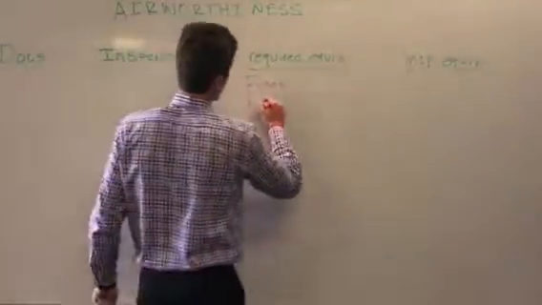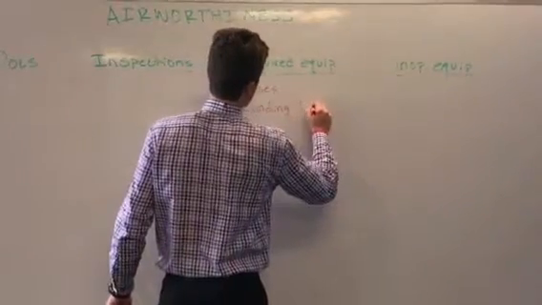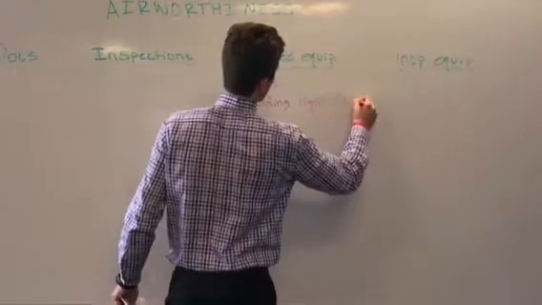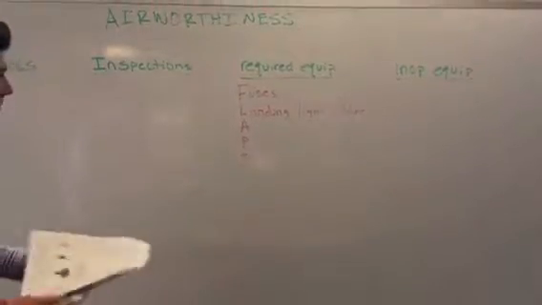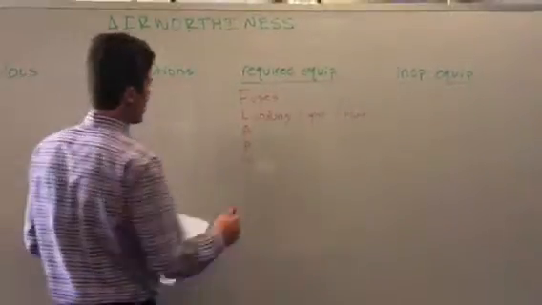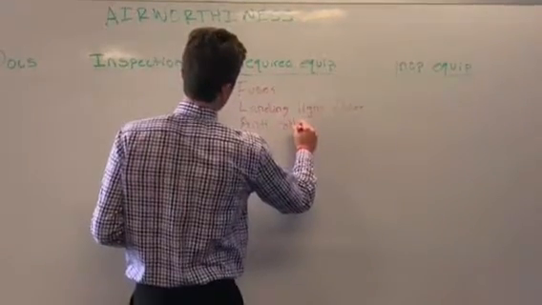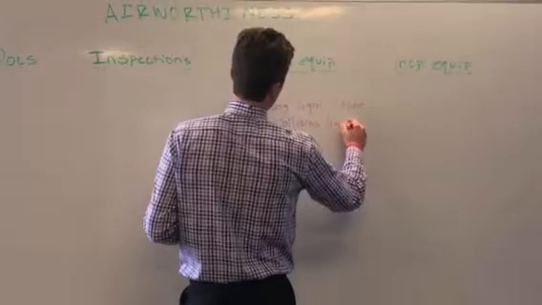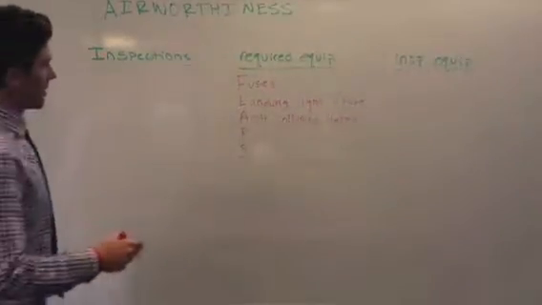We need a landing light, but this is only if operating for hire. If we're not operating for hire, then we do not need a landing light. We restate anti-collision or nav lights. We need position lights.